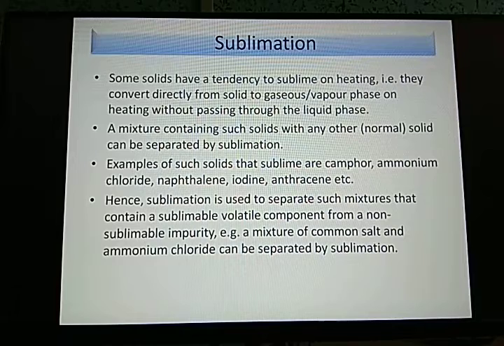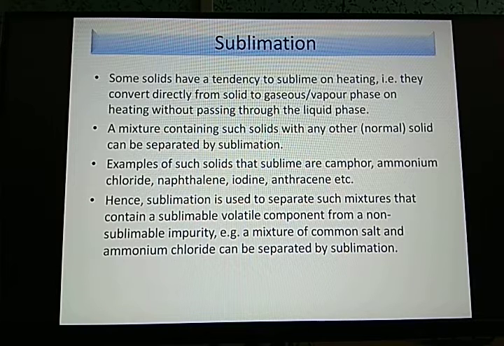Hence, sublimation is used to separate such mixtures that contain a sublimable volatile component from a non-sublimable impurity. For example, a mixture of common salt and ammonium chloride can be separated out by this sublimation process. These sublime substances are volatile in nature. That means they have very low boiling points, so they get easily vaporized on application of heat.